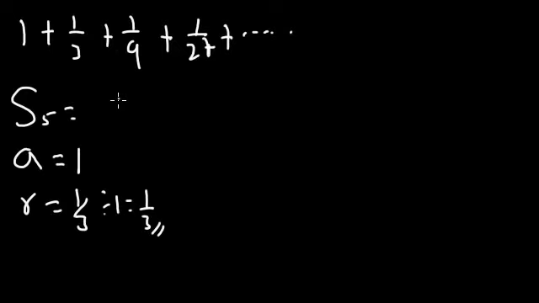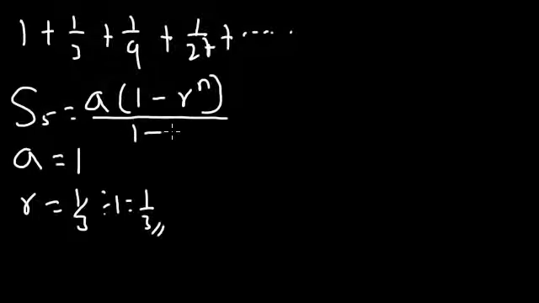So it means we are using the second formula. And the formula says that the sum of a GP whose common ratio is less than 1 is expressed as a multiplied by 1 minus r to the power of n, divided by 1 minus r.